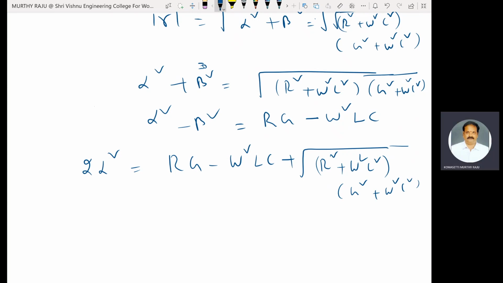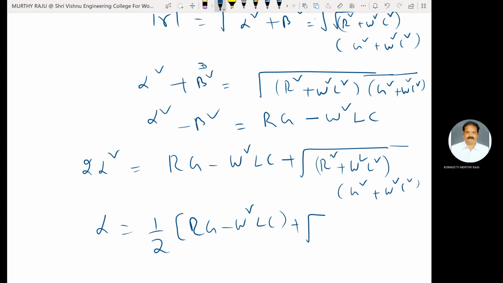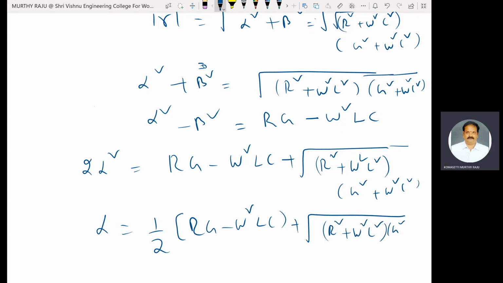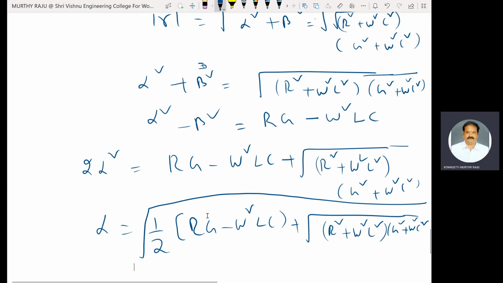That is, alpha is equal to square root of 1 by 2 of that whole expression.